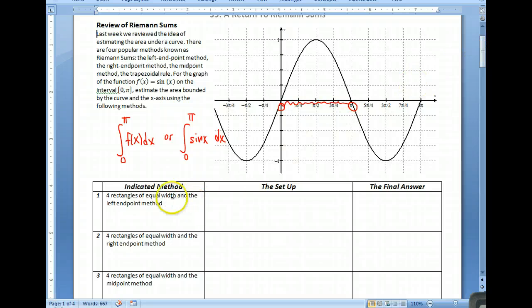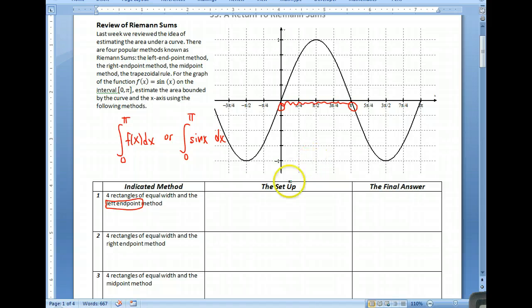So what I wanted to do for number 1 is we're going to approximate the area under the curve using rectangles, left endpoint rectangles. But we're going to write the work without calculating it, because these calculations would give us very not fun numbers, because you have to plug in and use sine.